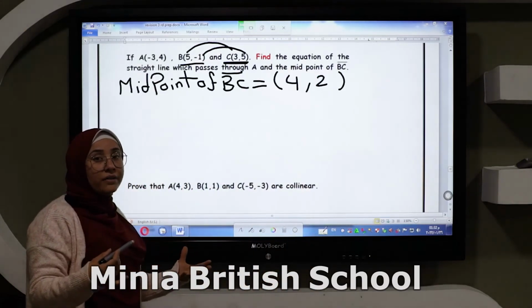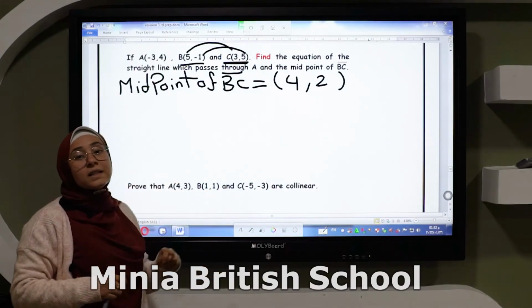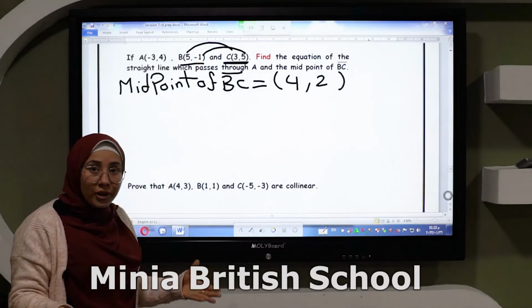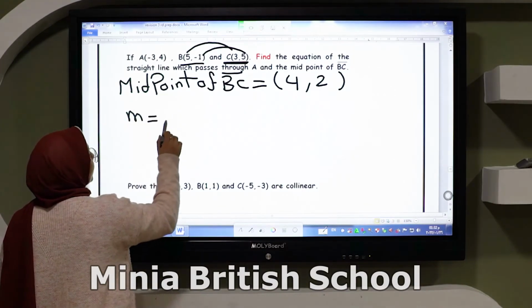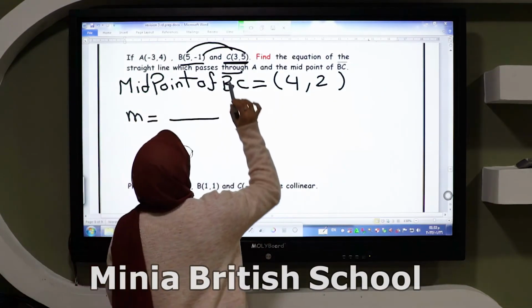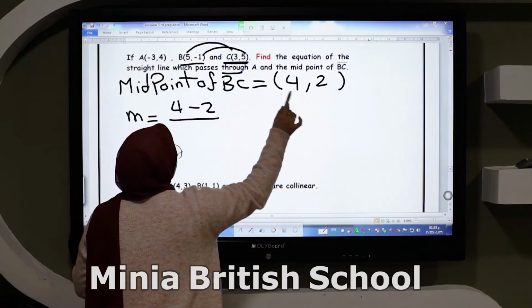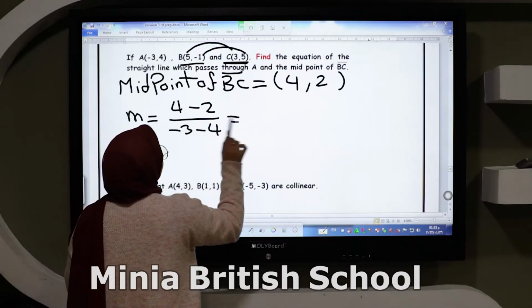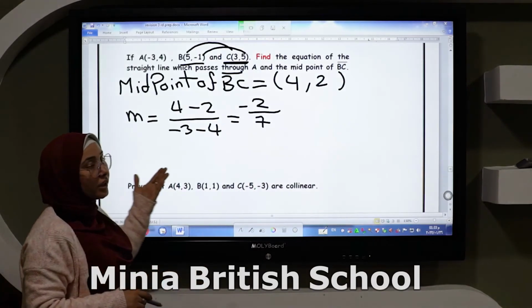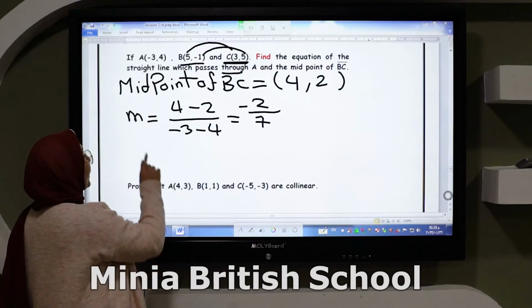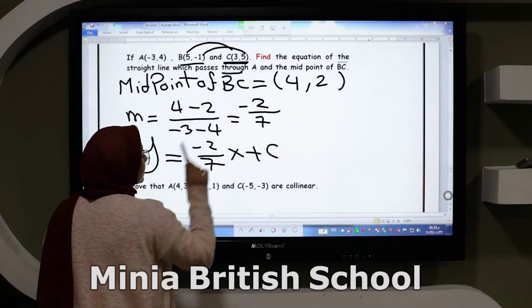Now you have 2 points on a straight line passing through the point A and this point. From the 2 points, you can find the slope. So m equals 4 minus 2 over negative 3 minus 4 equals 2 over negative 7, so the slope equals negative 2 over 7. So the equation is y equals negative 2 over 7 x plus c.